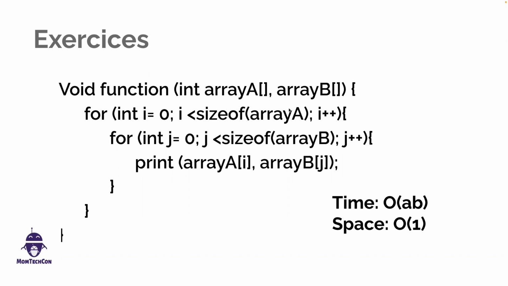So we can suppose that array A has the size A and array B has the size B. And because we don't know which one is bigger, we cannot even just keep the dominant. So both matter in this case. That's why we say that in terms of time complexity, we have A times B. In terms of space, it's constant. We're not using anything besides the input.